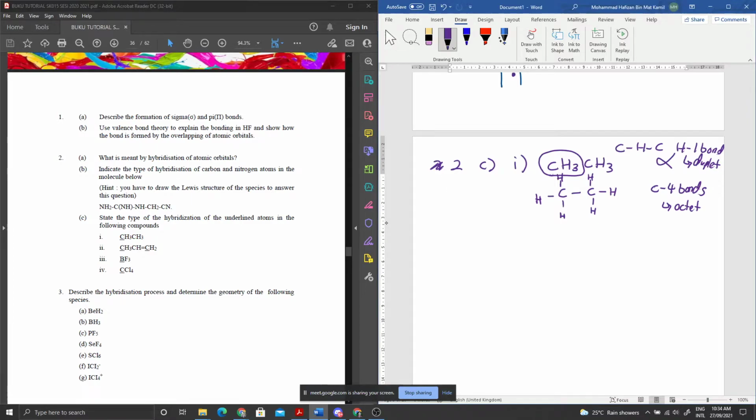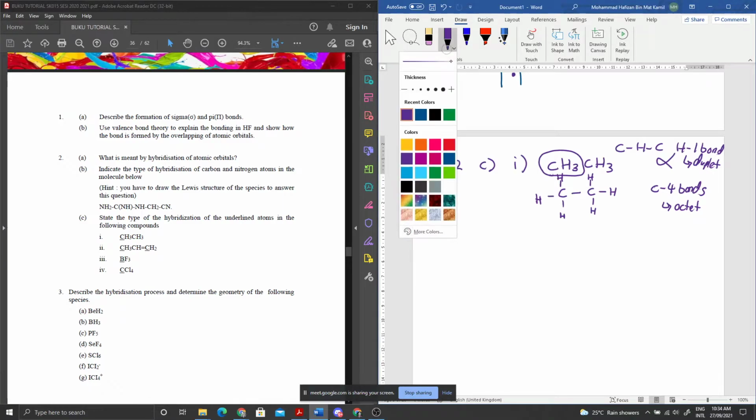So type of hybridization of the underlying atoms in the following compound. Okay, hari tu last class I cakap kita nak tengok hybridization, tak tengok lone pairs kan? That one I salah, I'm sorry. We only look sigma bond and lone pairs. So let's figure out how many sigma bond yang ada. And obviously carbon ni tak ada lone pairs.